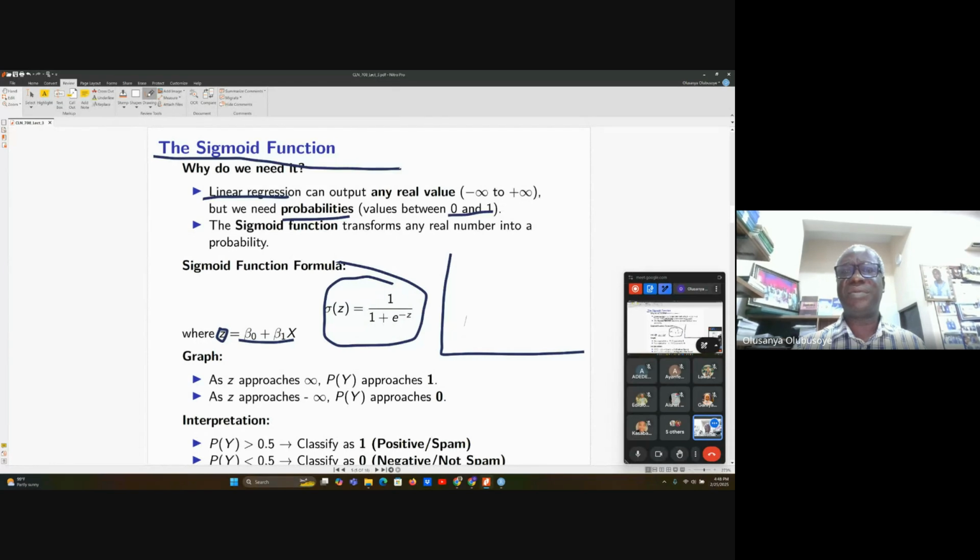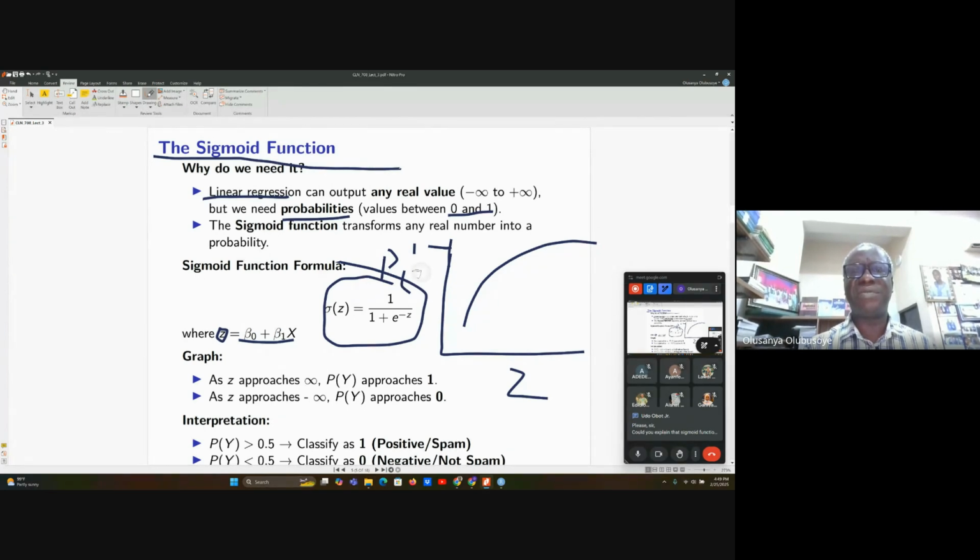So here you have 1, and then you have your Z here, and on this side you have the probability.